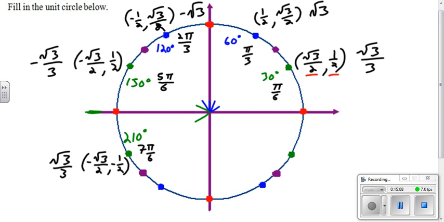For this blue one, again, it's another 30 degrees further. So we'd say then if this one was 210, this one is 240 degrees. If that one was 7 pi over 6, then this one would be 8 pi over 6, which we can reduce to 4 pi over 3.